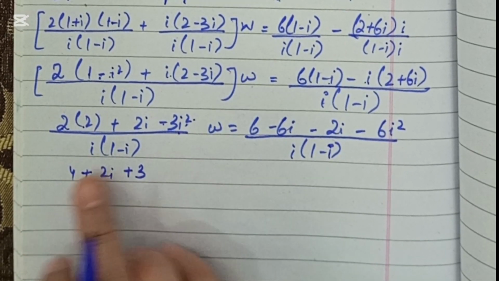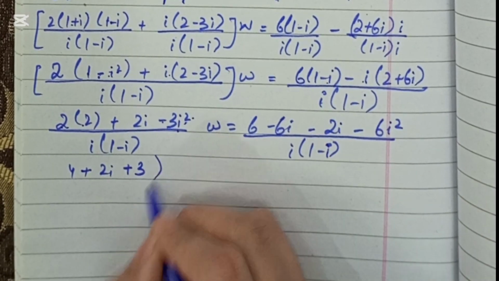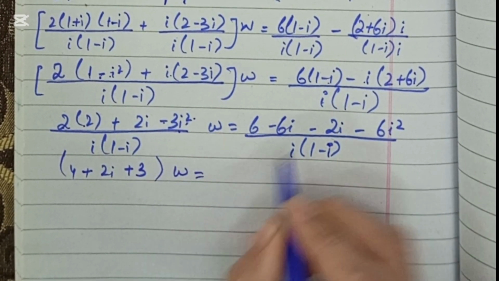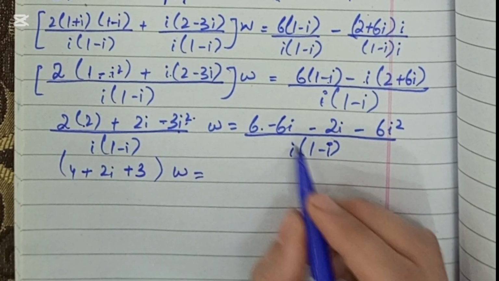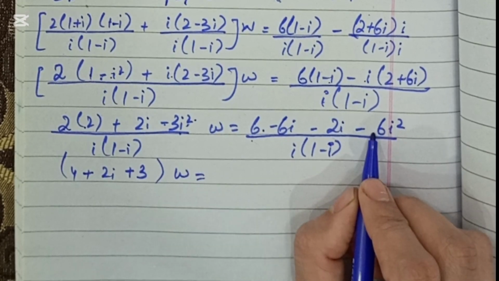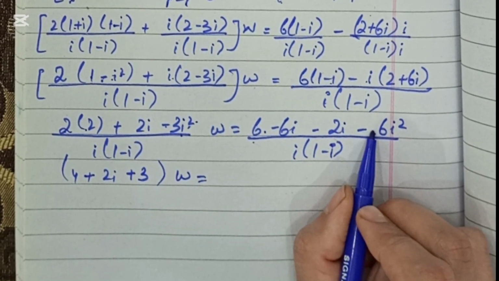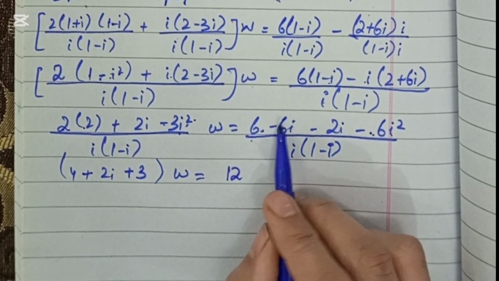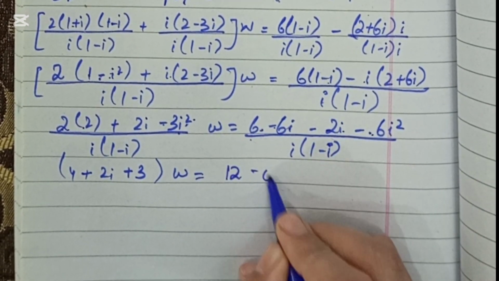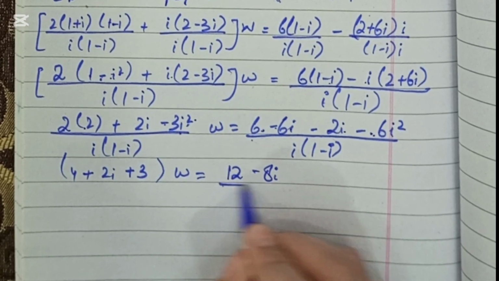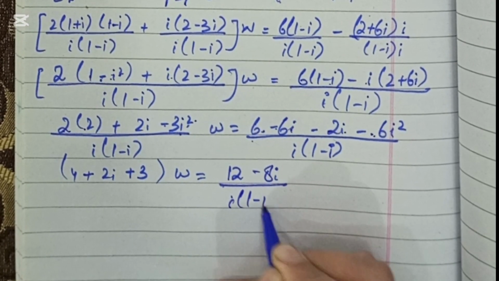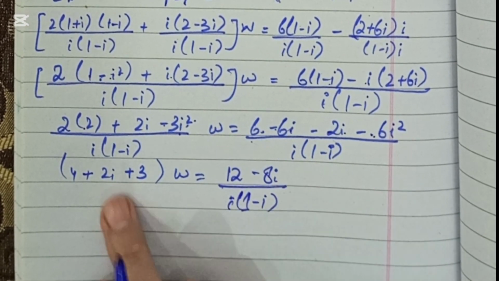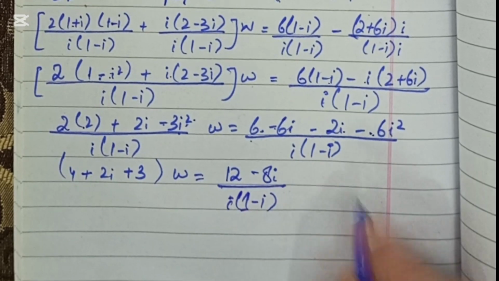Now take this denominator towards here. This 6 and this is also plus 6. Why? Because iota square will change the sign. So 6 plus 6 is 12, minus 6 iota minus 2 iota is minus 8 iota. In the denominator it is iota into (1 minus iota), and we also have shifted this denominator towards here.